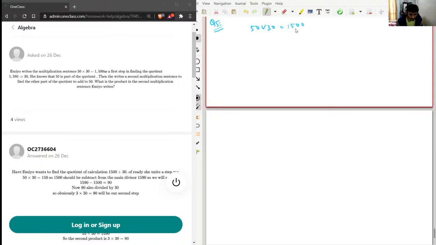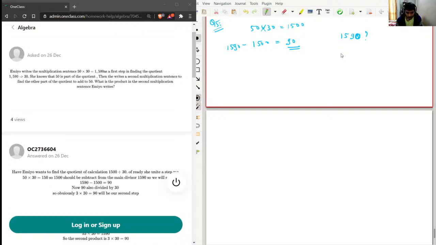Now, as the first question, now she has to write this for 1590 also. So this is the first statement, and what we'll do, we'll just take the difference first. Minus 1500 will give me 90.